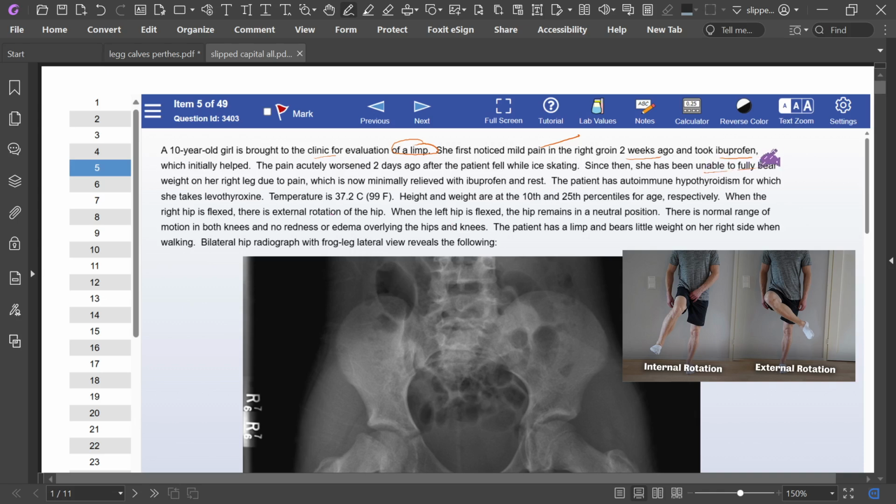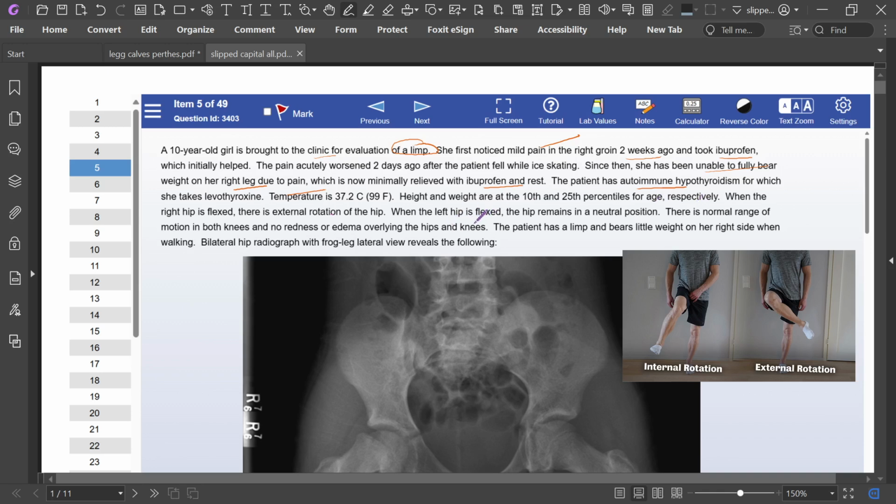She has been unable to fully bear weight on her right leg due to pain, which is minimally relieved with ibuprofen. The patient has an autoimmune disease, autoimmune hypothyroidism.